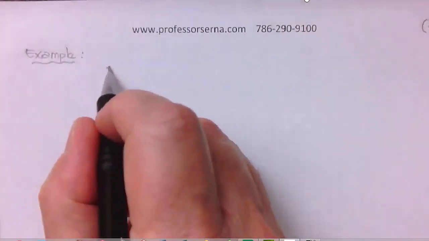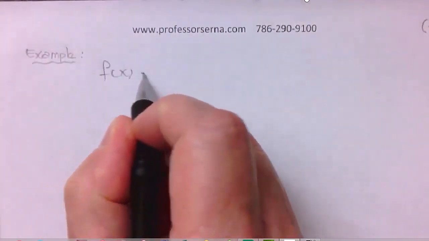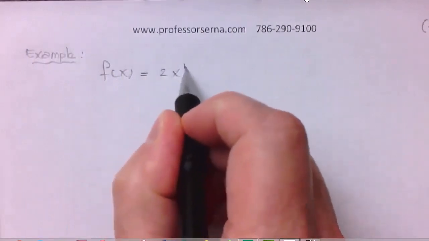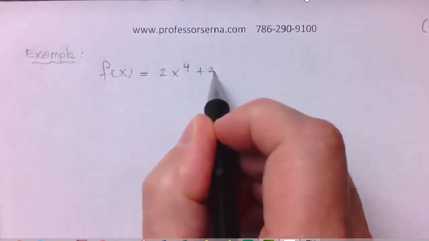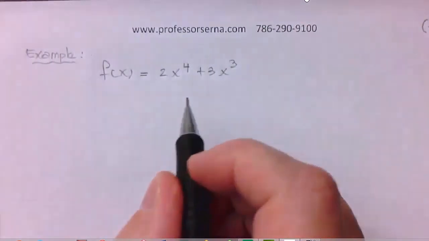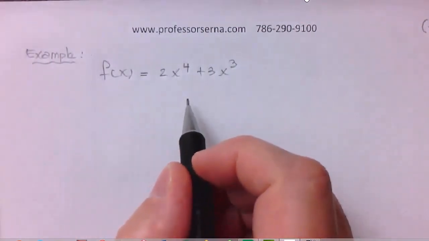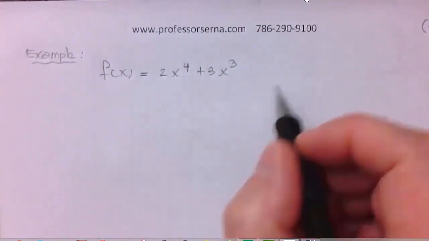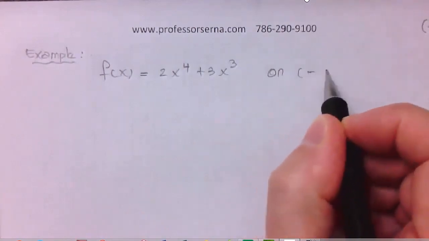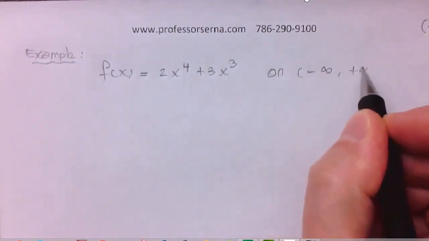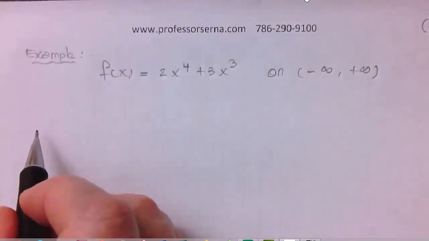Let's say that we want to find out if the function f of x equals 2x to the fourth plus 3x cubed has any absolute maximum or minimum on negative infinity to plus infinity. So what should we do?